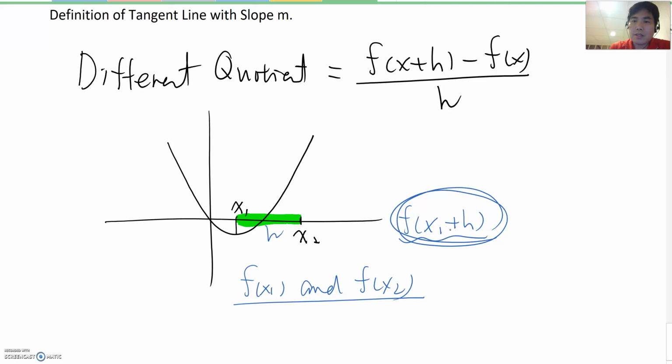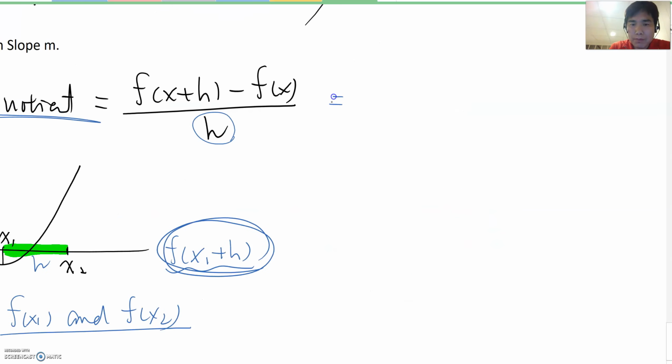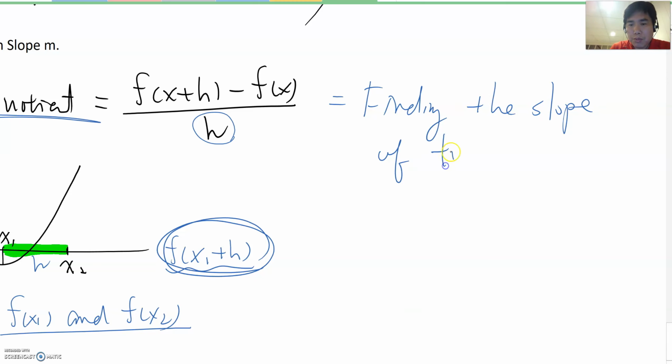In this case, we know the given function and the value h, then we can find the slope. Therefore, the difference quotient means finding the slope of 2 points basically.